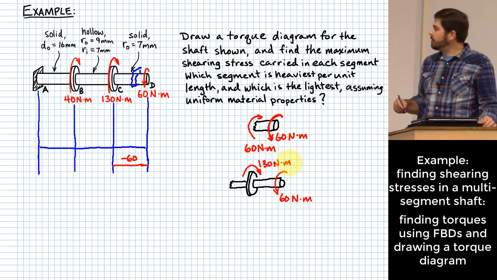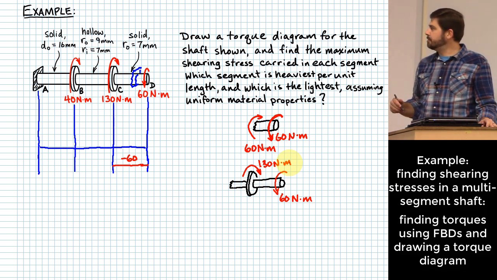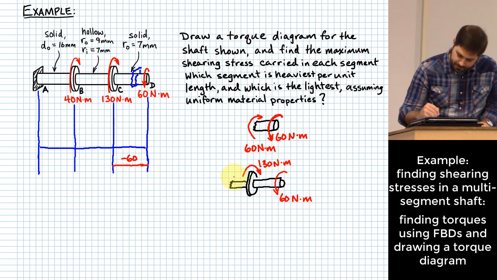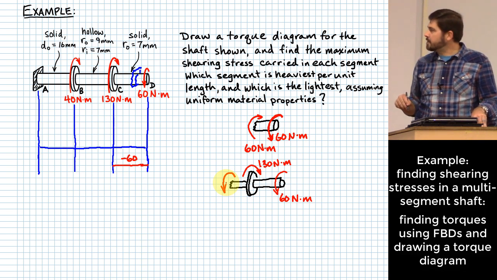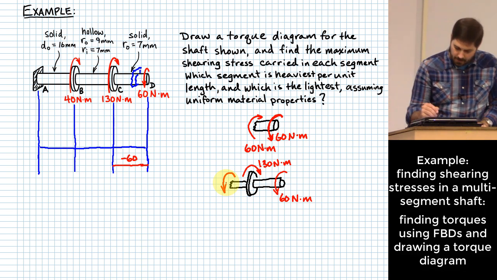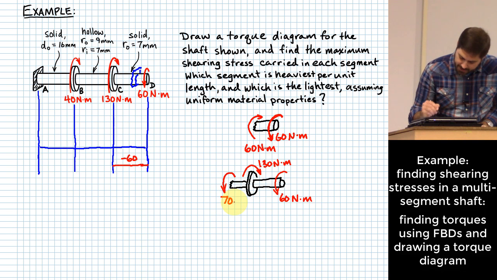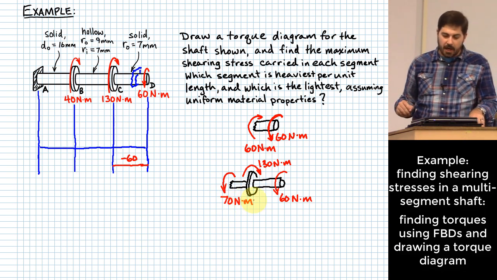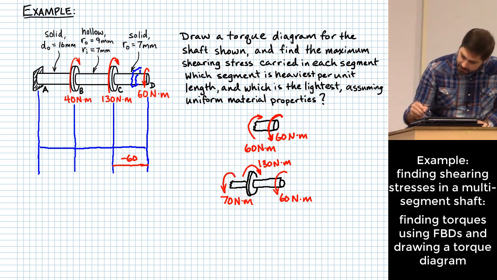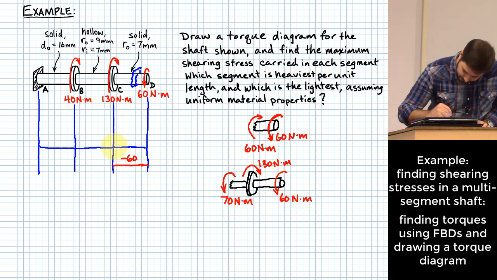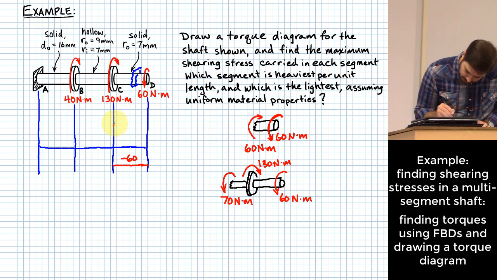And what direction do I have to react in order to keep this thing in equilibrium? Probably that direction, but with what magnitude? You can mentally look at that and say that's going to have to be 70 Newton meters to react against the other two pieces. So this goes all the way up to 70, which is going to be somewhere in here or so.